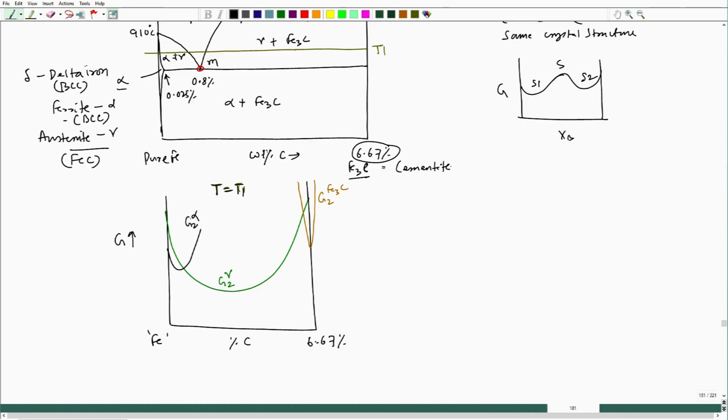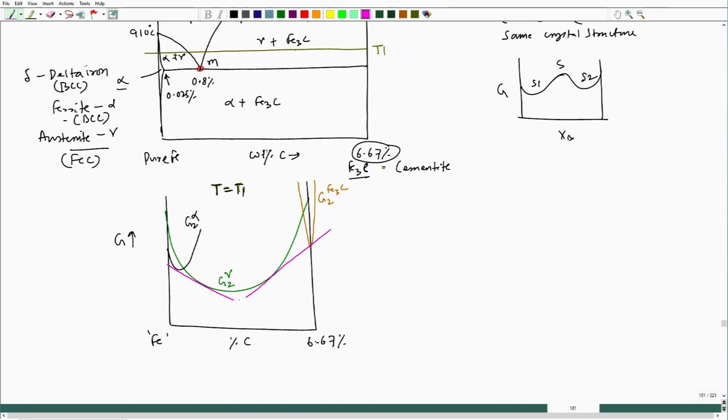Fine. Now, if I draw a common tangent, one common tangent can be reflected; this is one common tangent, another common tangent is here.